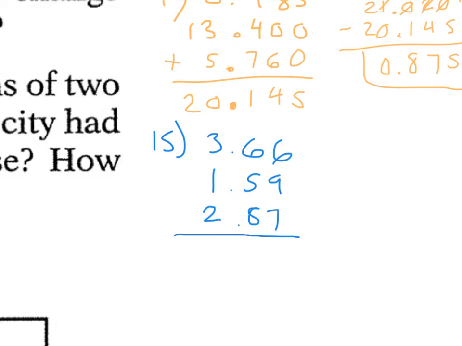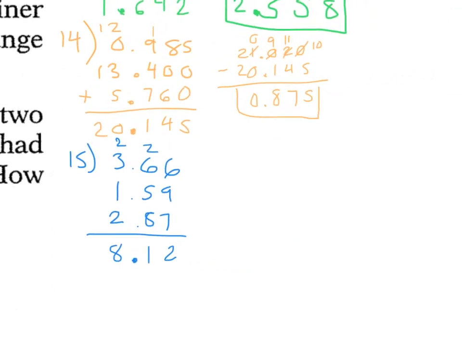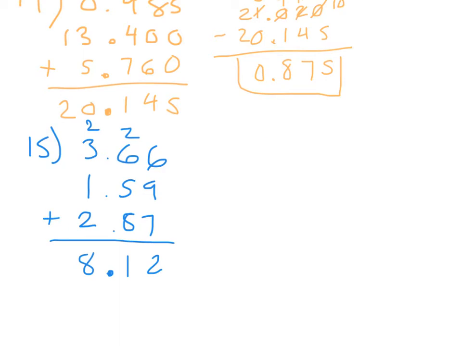So we add up our columns. 6 plus 9 plus 7 is 22. 6 plus 5 plus 8 plus 2 would be 21. Drop our decimal down, so now we have 2 plus 3 plus 1 plus 2, so this becomes 8. So we have $8.12. So now we need to take 10 and subtract $8.12.